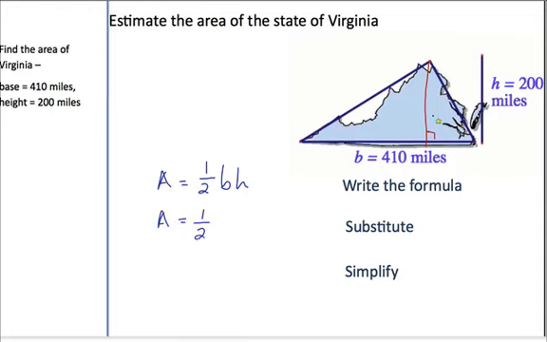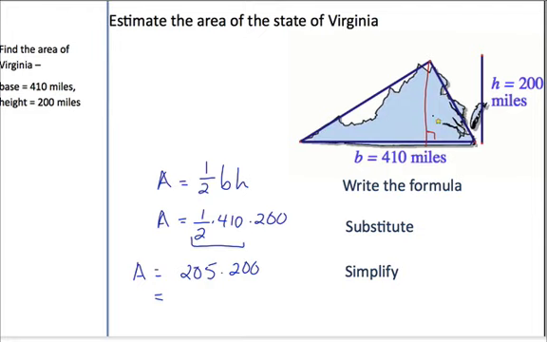So my area is going to equal 1/2 times the base, which is 410, times the height, which is 200. And so now we'll simplify. I'll do my multiplication and division in order from left to right. So 1/2 of 410 is 205. And we still need to simplify a little bit more.